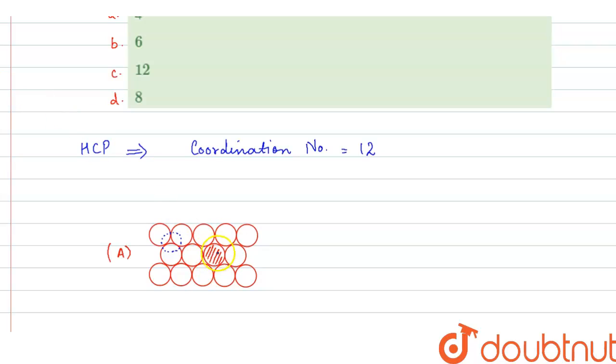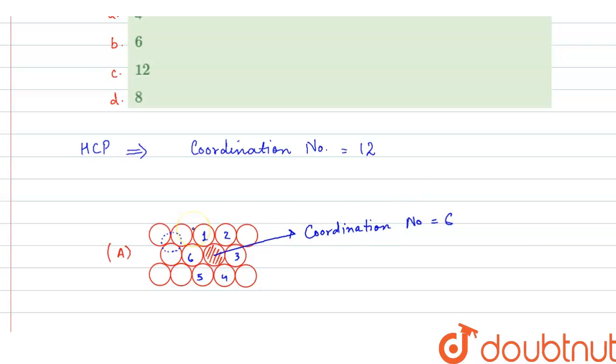Now if you see, this particle is touching 1, 2, 3, 4, 5, 6 spheres in its own layer. It means the nearest neighbor of this central sphere is 6. Right? So here the coordination number of this particle is 6 in its own layer.